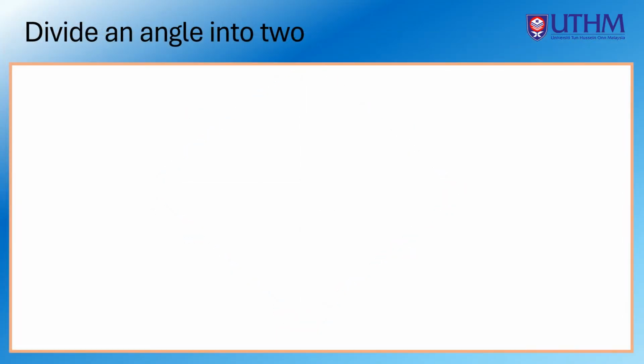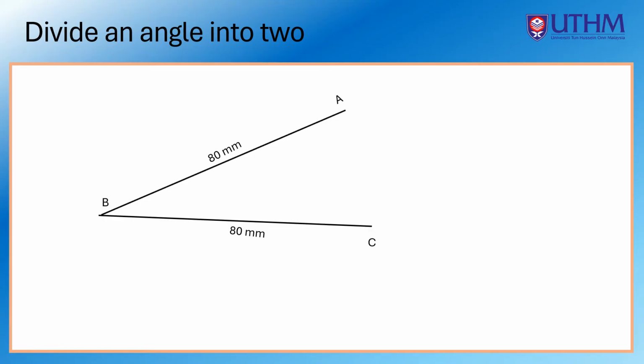Angle into two. An angle ABC is constructed any size of the angle. So let's say AB is 80 millimeter and BC is also 80 millimeter.